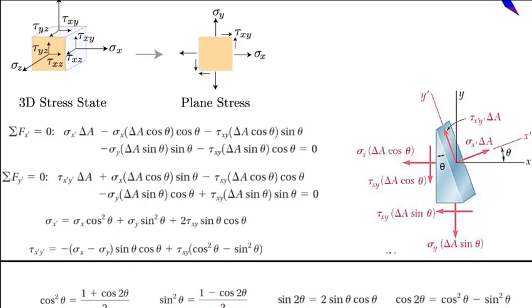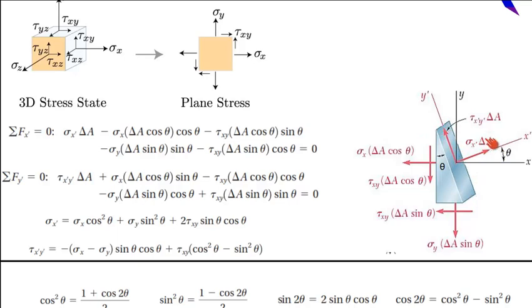Now how can we resolve this? That is the question. So I will first explain this equation and again I will draw one more simple free body diagram to make you understand this. See, what is the stress acting in x dash direction? It is nothing but sigma x dash into delta a, because sigma x dash is the normal stress that we are going to find out and the corresponding area on which the sigma x dash acts is delta a.